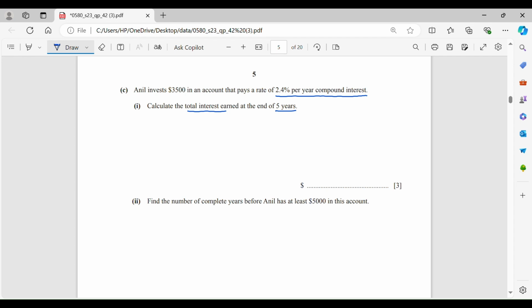Compound interest equals P times (1 plus r by 100) raised to the power t, minus P. So principal is 3,500, times (1 plus 2.4 by 100) to the power 5, minus principal, because we need only the interest, not the amount.